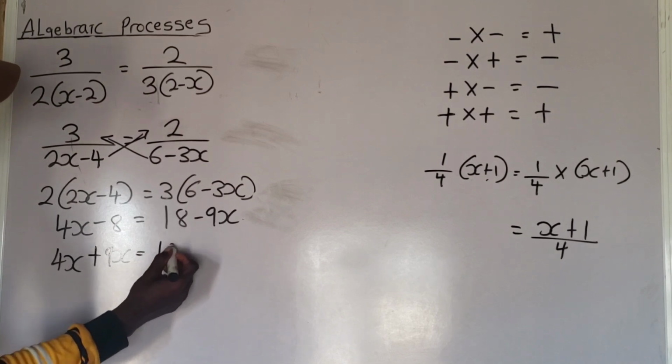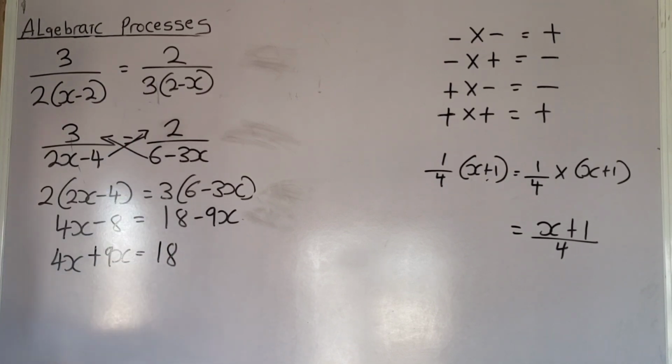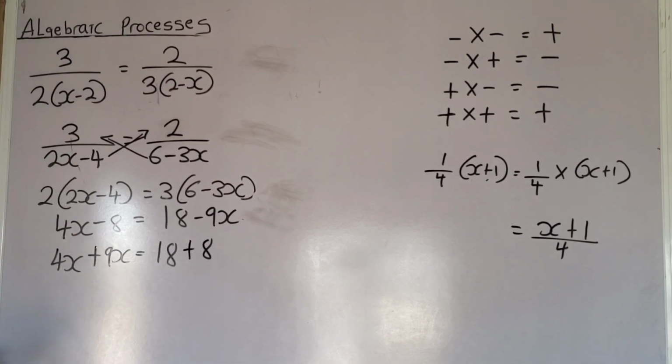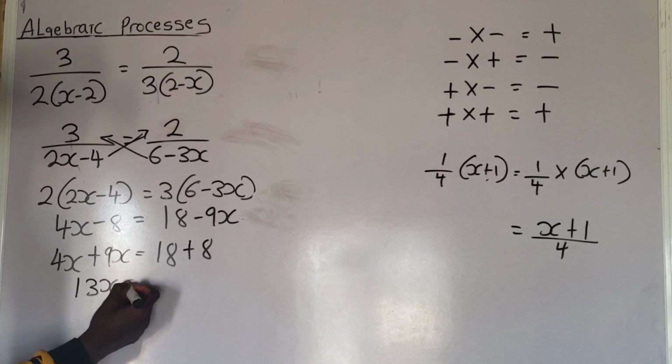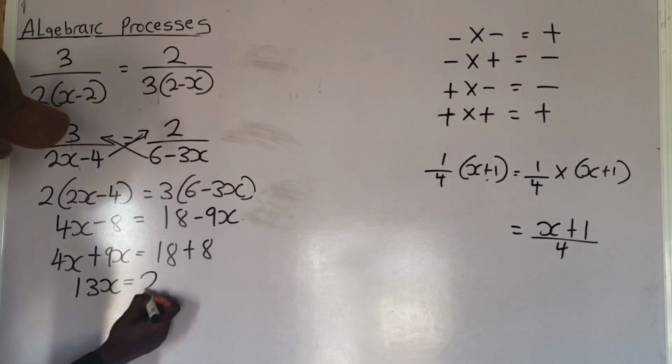Now, negative 8 is going to cross the equals to sign to the right hand side, and it becomes positive 8. 9x plus 4x, what's the answer? That is 13x. So I'm going to have 13x is equals to 18 plus 8. That will give us 26. 18 plus 8 is 26.